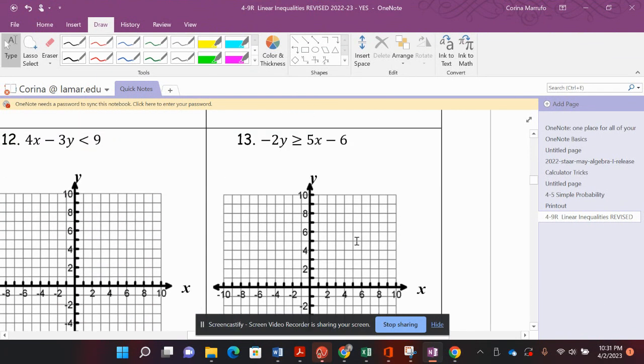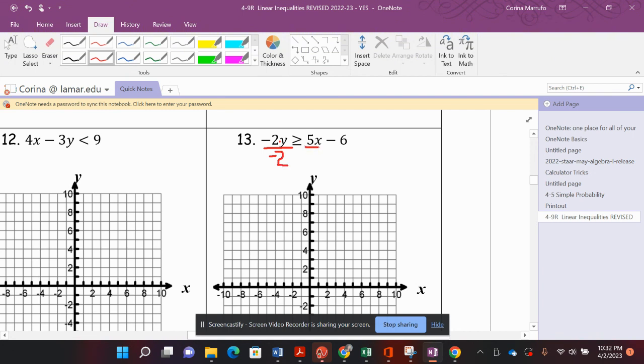All right. Another one, this one we have negative 2y is greater than or equal to 5x minus 6. So in order for us to solve for y, we need to get the y by itself. We need to get rid of the negative 2. And no, we do not add 2, or no, we don't subtract 2. The negative 2 and the y, when they're side by side like that, that means multiplication. So then that means that we need to do the opposite, and we have to divide.